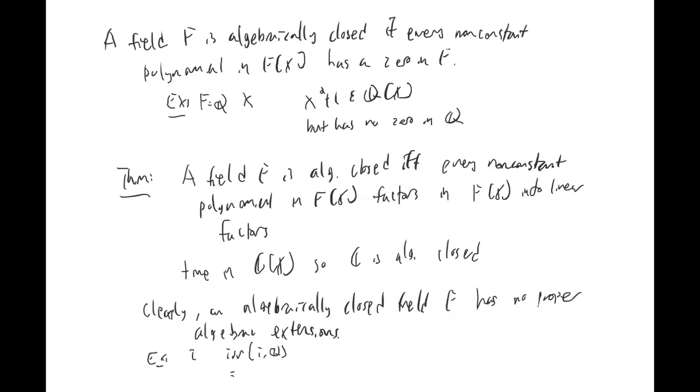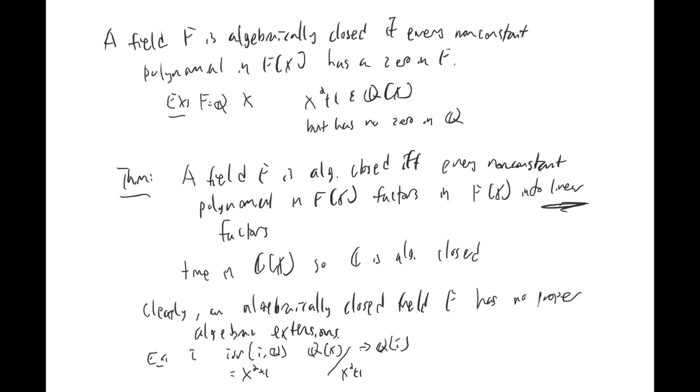X squared plus 1, yeah? So you see this is not linear, it's quadratic. When I quotient out, I get a bigger field. I get Q of I, it's isomorphic to Q of I.